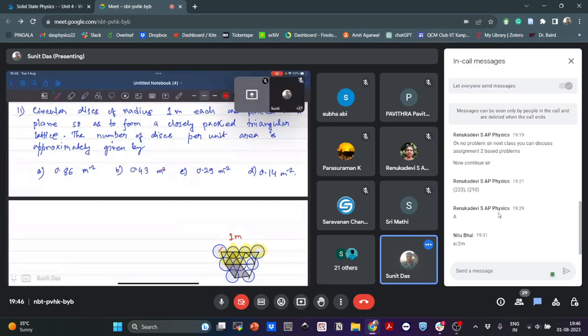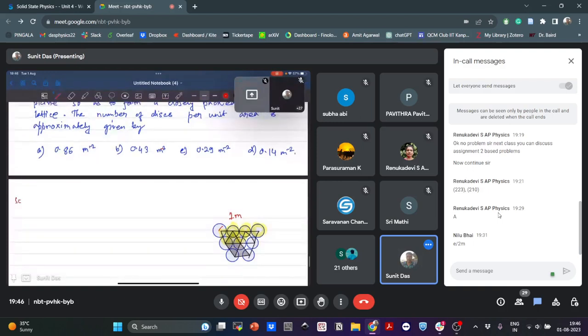Okay, let me solve this. So these circles, or the discs, form an equilateral triangle, because if their size is the same, then they will form an equilateral triangle, right?